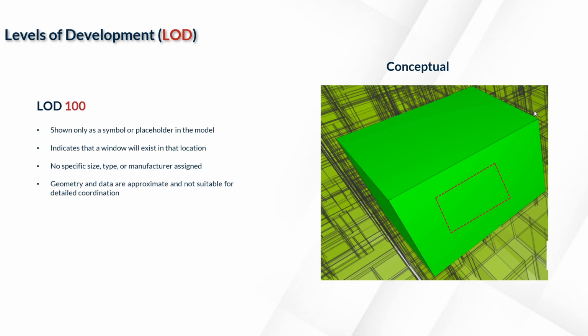It communicates that a window will exist here, but it doesn't define its exact size, material, or manufacturer. The information at LOD 100 is approximate only, used mainly for early design, space planning, and visualization. It helps the team understand the overall form and intent but not the detailed geometry or performance.